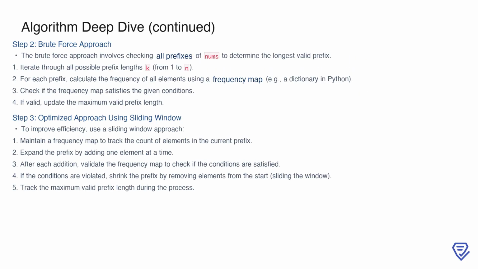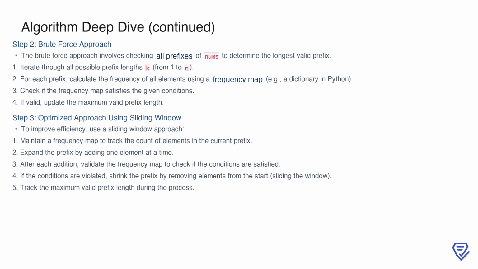One way to approach this problem is through a brute force method. Here, we check each possible prefix of the array to determine which is the longest one meeting the conditions. To do this, we iterate through all potential prefix lengths, from 1 to n. For each prefix, we calculate the frequency of each element using a frequency map, which is essentially a dictionary where keys represent elements and values represent their counts.